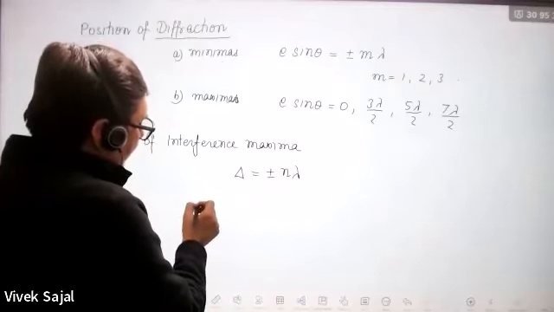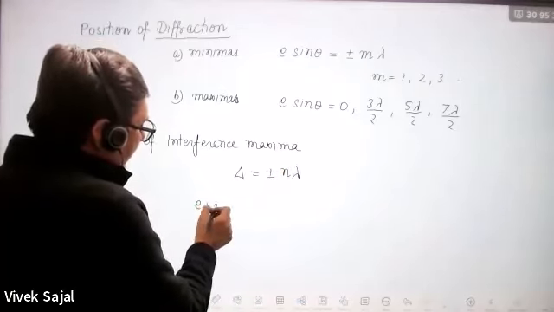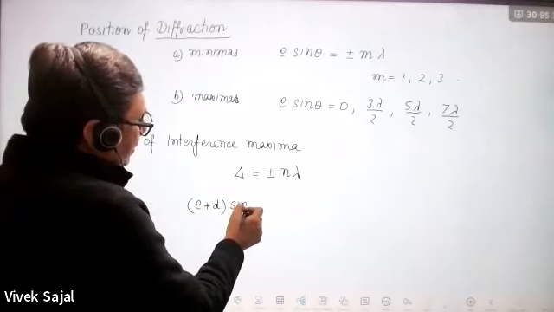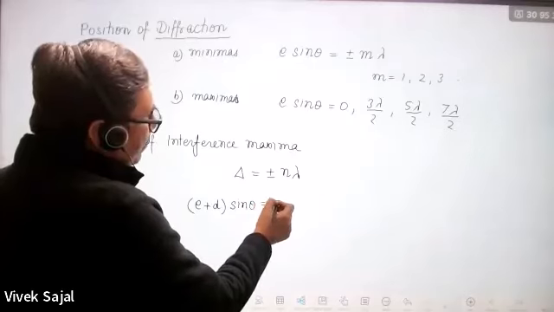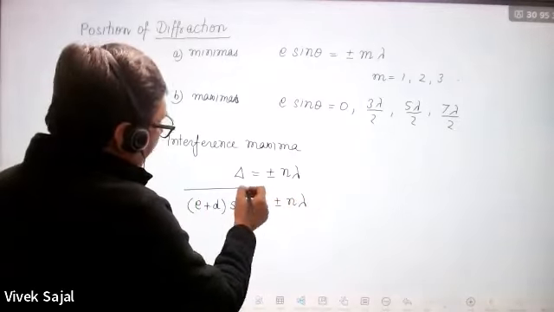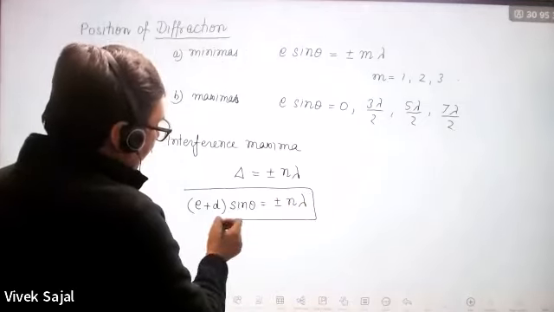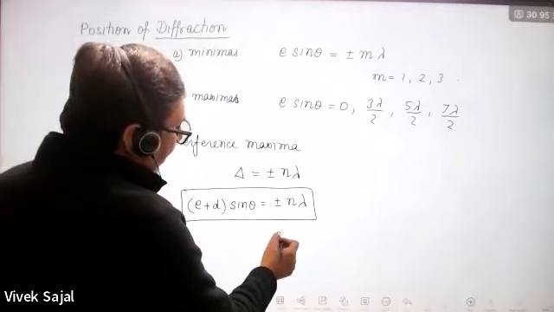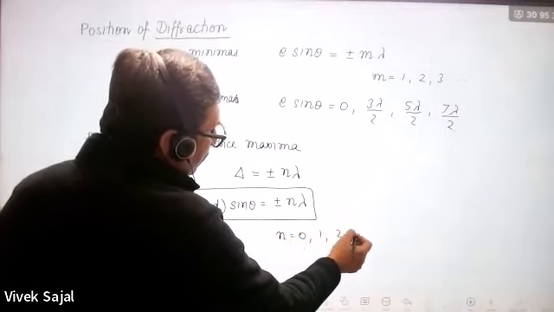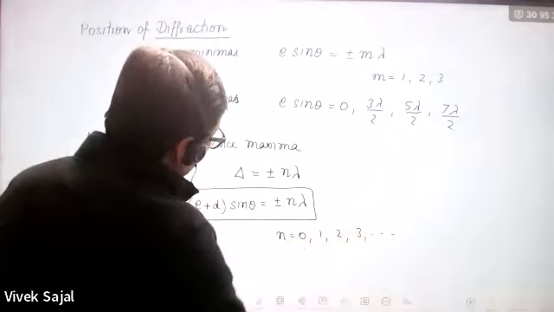The path difference was E plus D sin theta, and that is equal to plus minus n lambda, where n will be 0, 1, 2, 3 like this.